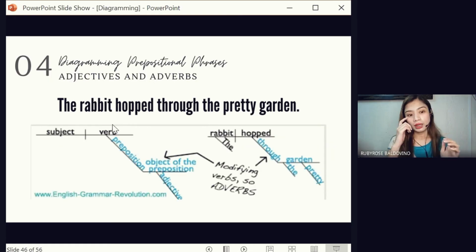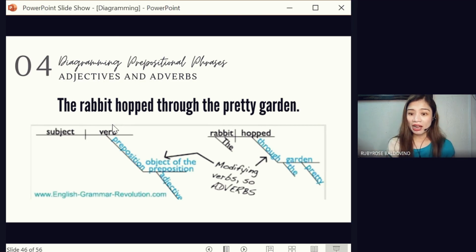Okay? So what about if the prepositional phrase acts as an adverb? For example, in this sentence, the rabbit hopped through the pretty garden. So we have the subject and the verb. Our subject is the rabbit. Our verb is hopped. Through the pretty garden is our prepositional phrase, and it describes our verb hopped. So we have to follow the same principle.